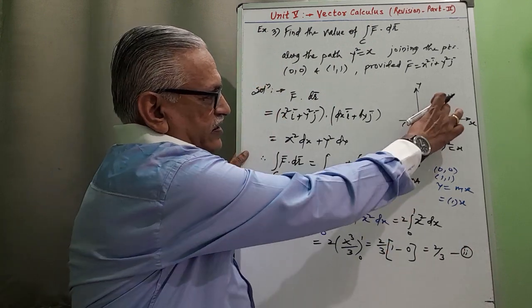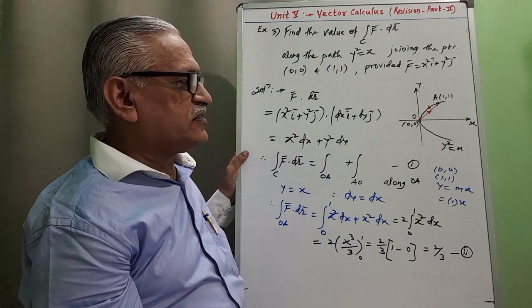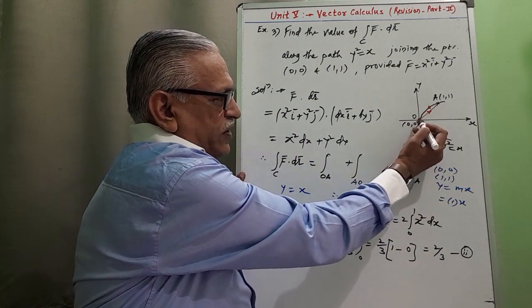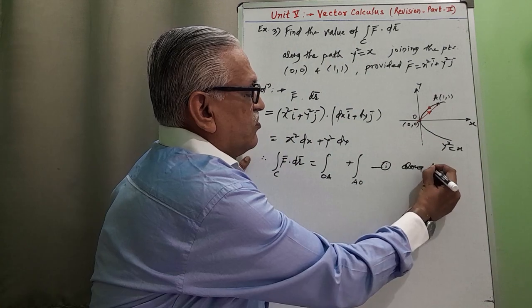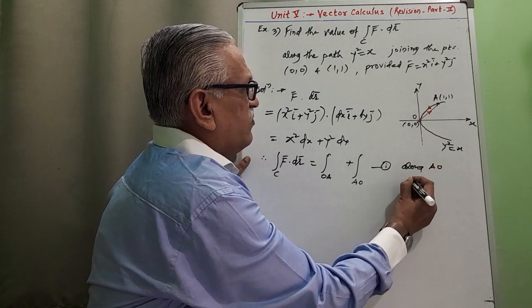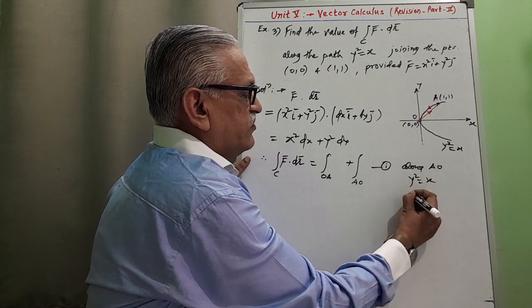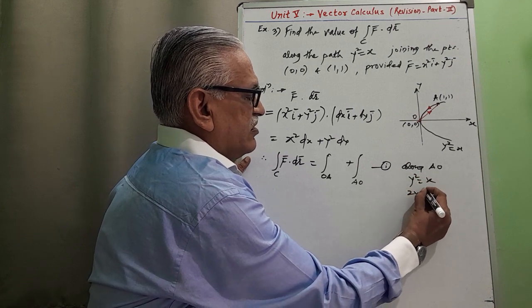This is the value of the line integral over the first path, the straight line OA. Then we find it along AO. The equation is y square equal to x. Differentiating, we get dx equal to 2y dy.